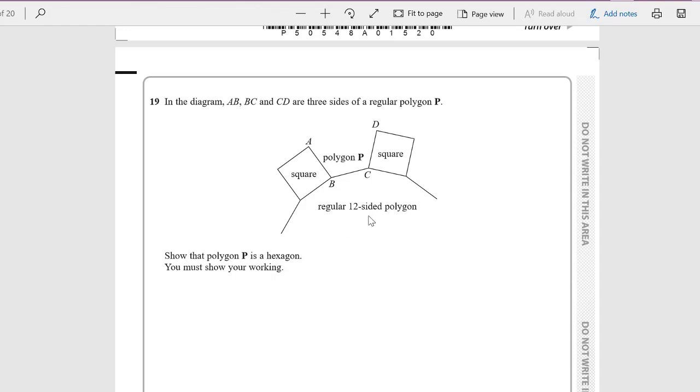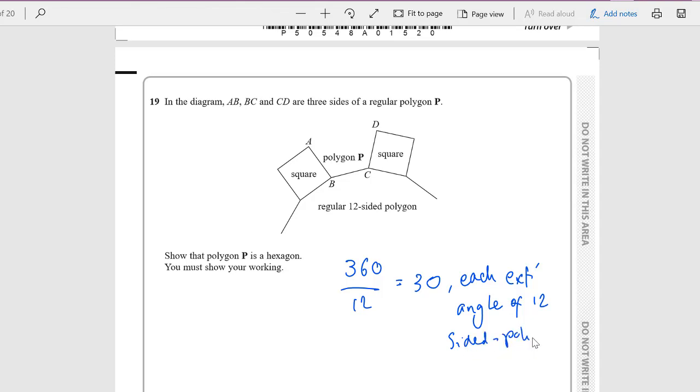we know that a regular 12-sided polygon is going to, if we think about this, 360 divided by 12 is going to give us 30. So that is each exterior angle of the 12-sided polygon.